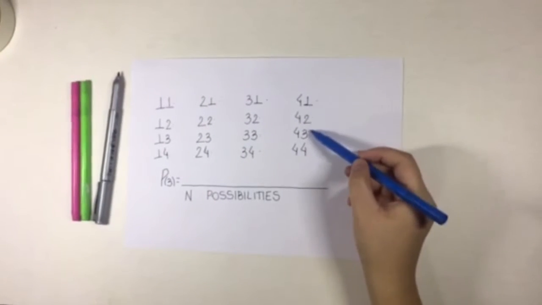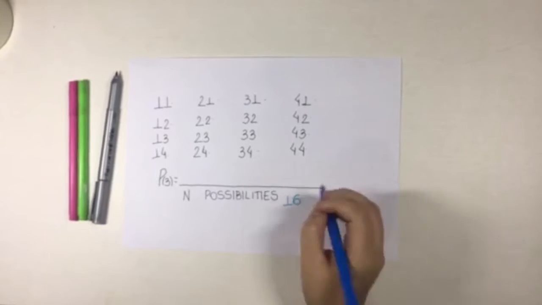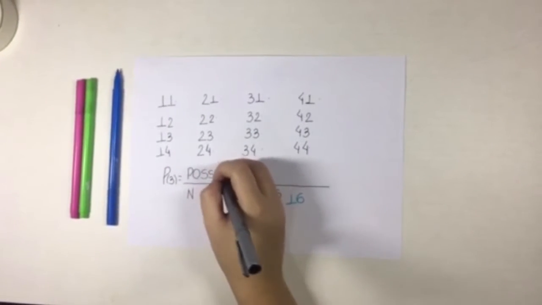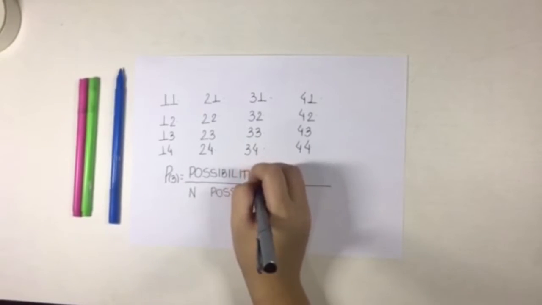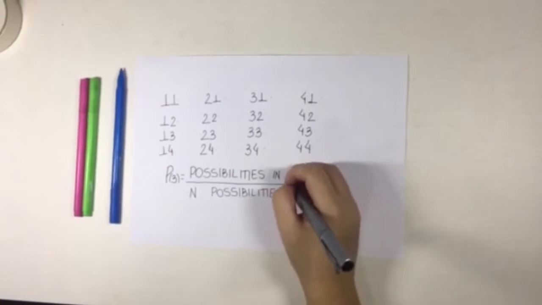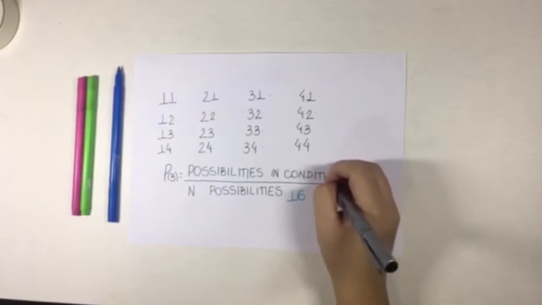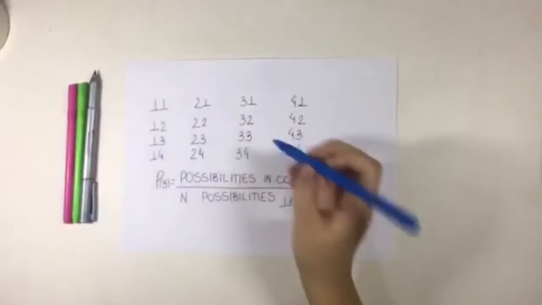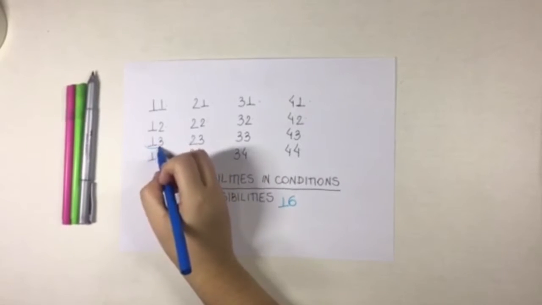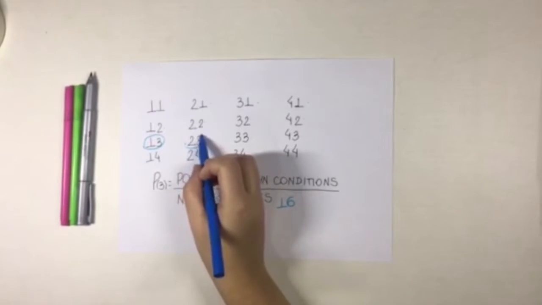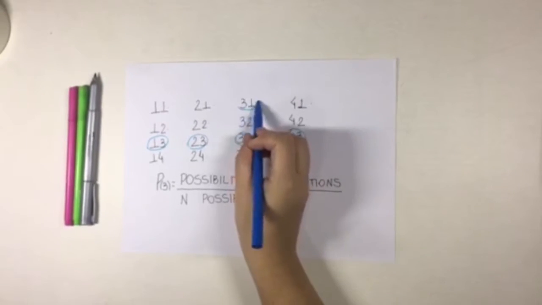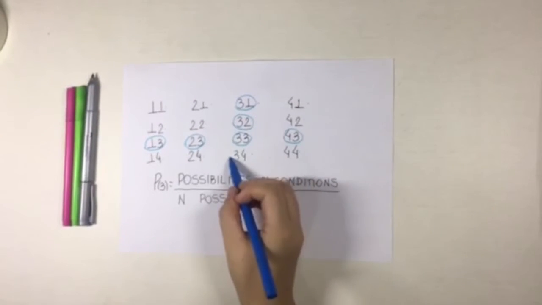We already have our number of possible outcomes, 16, and now we need our desired outcomes. As we're looking for any result that contains a 3, we can count them. We have 1, 2, 3, 4, 5, 6, and 7.